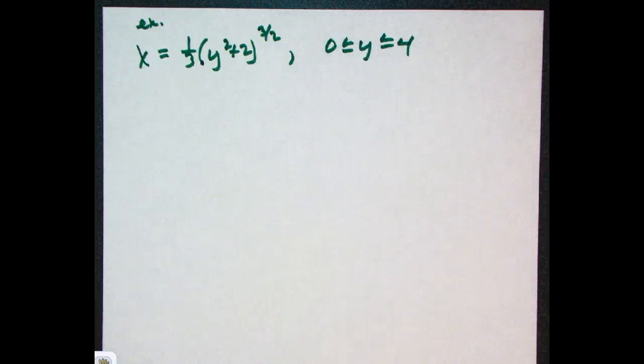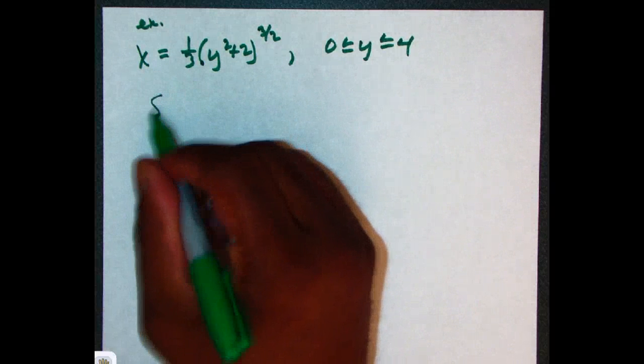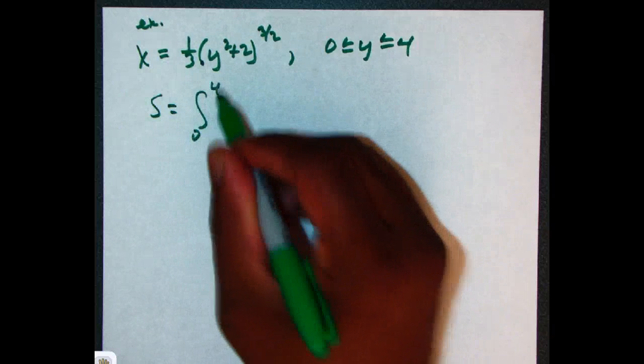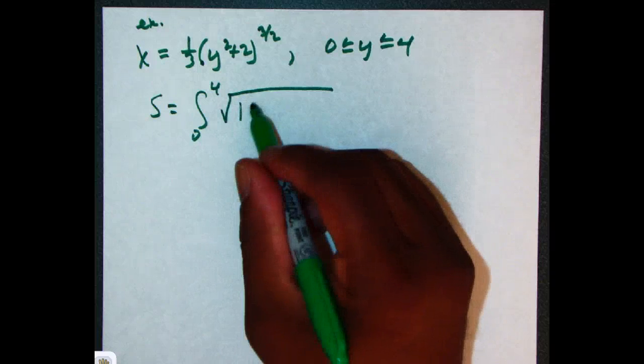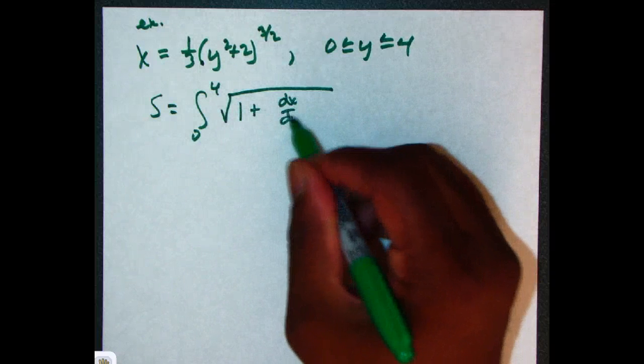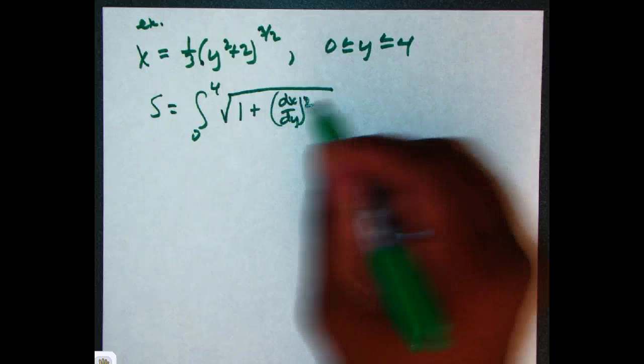Okay. So first thing we need to do is find dx dy, because our arc length is going to be the integral from 0 to 4 of the square root of 1 plus dx dy squared dy.